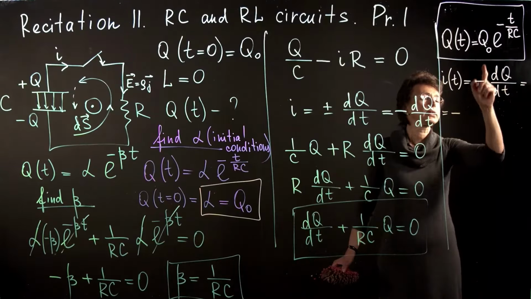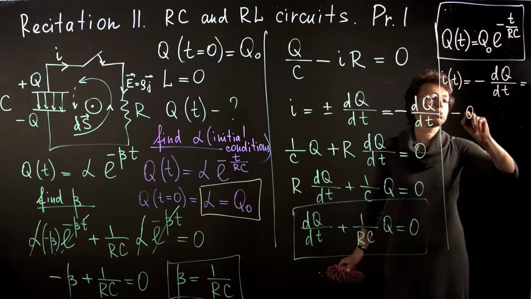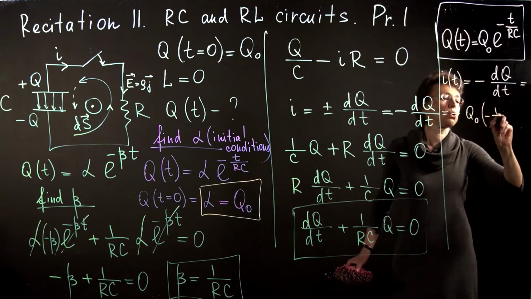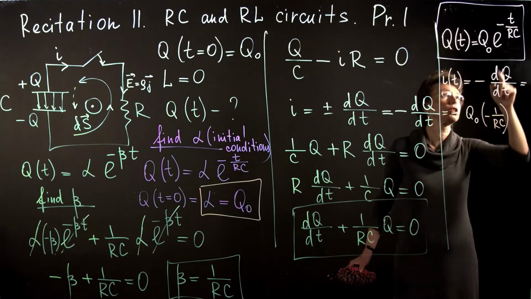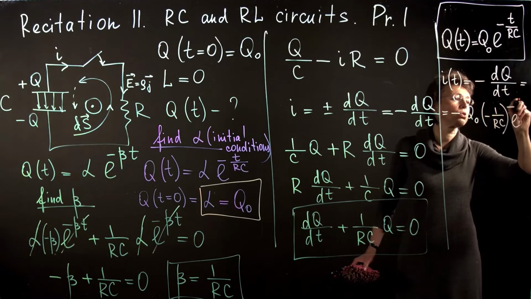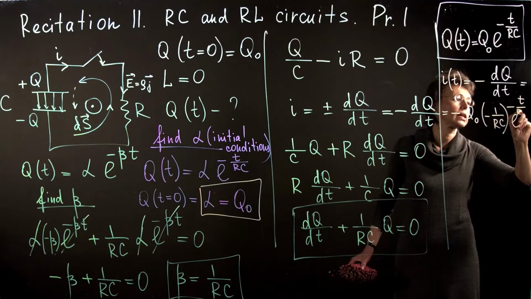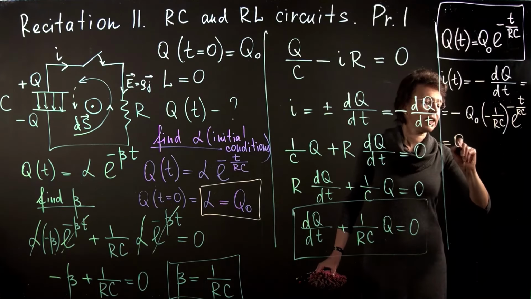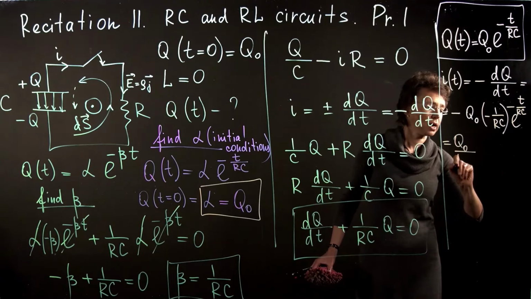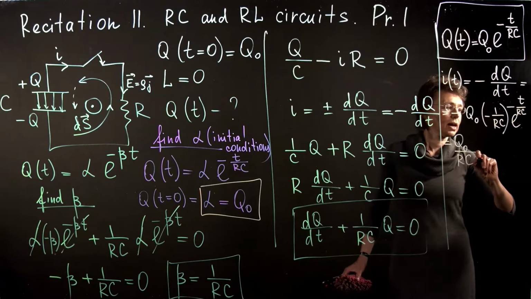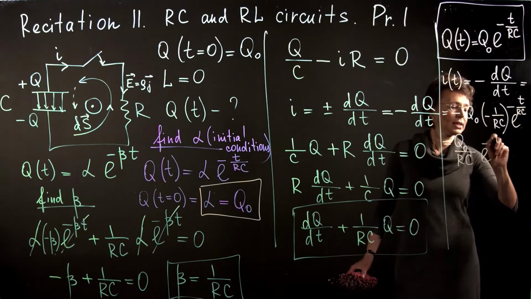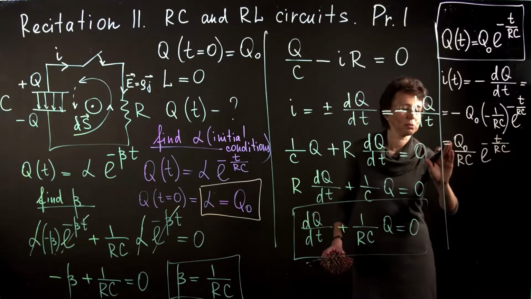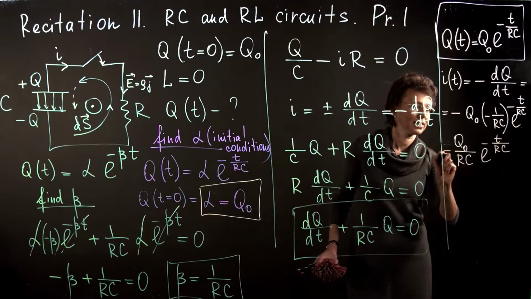I keep the minus, then I differentiate this, which brings me q naught and minus 1 over RC when I use the chain rule, and the derivative of the exponential function is the exponential function itself. Minus minus is plus, so current behaves as q naught over RC times e to minus t over RC.